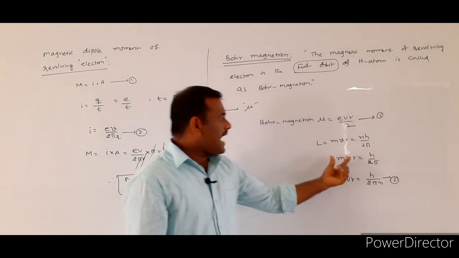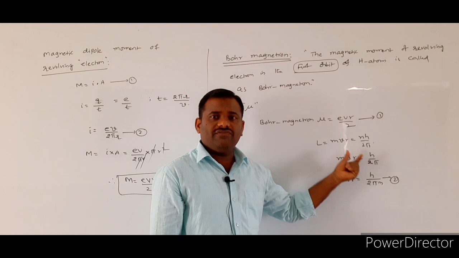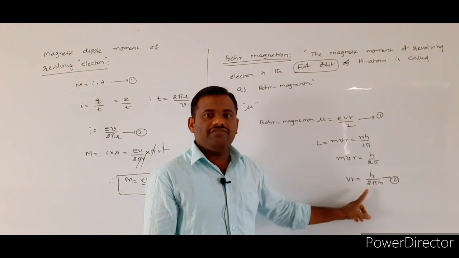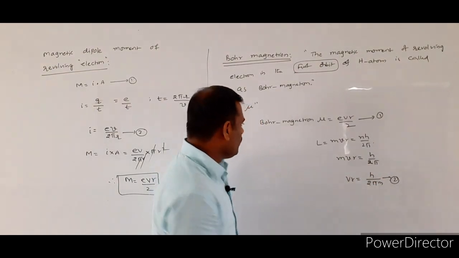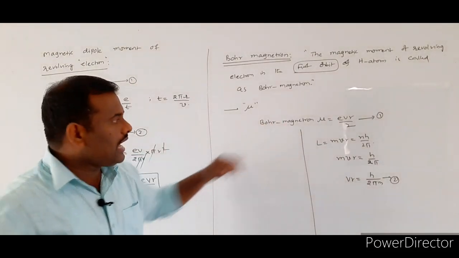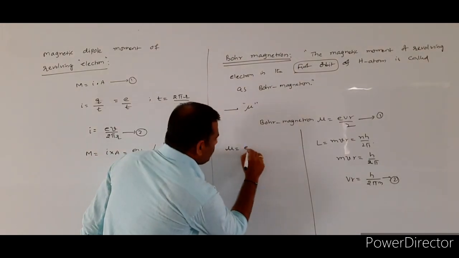That's why its angular momentum MVR is equal to h by 2 pi. From that I took VR is equal to h by 2 pi m. Now, from equations 1 and 2, I will write mu is equal to E by 2.